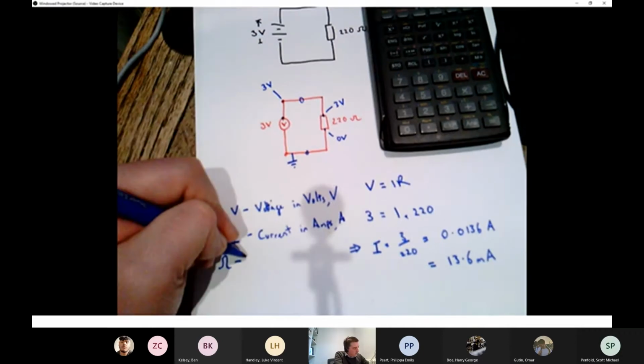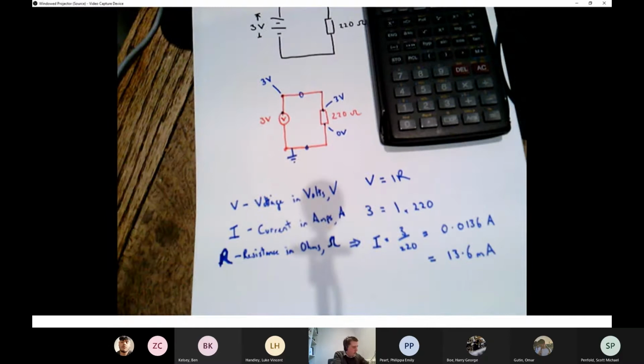Omega is resistance. Sorry, R is resistance in ohms, omega, which looks something like that. So I can box all of that off. So those are our definitions of the things that are turning up in Ohm's law.